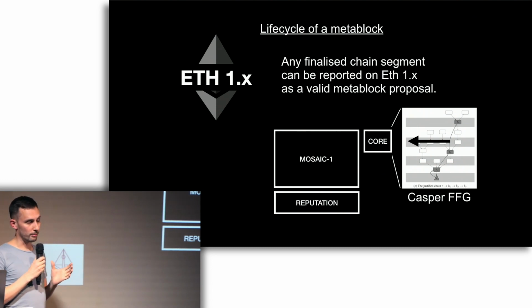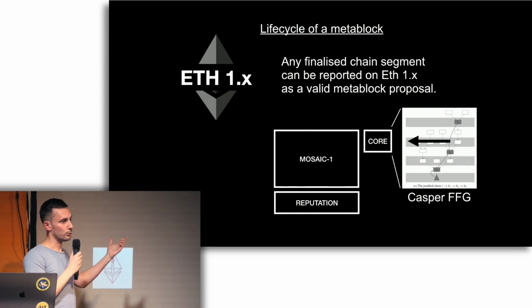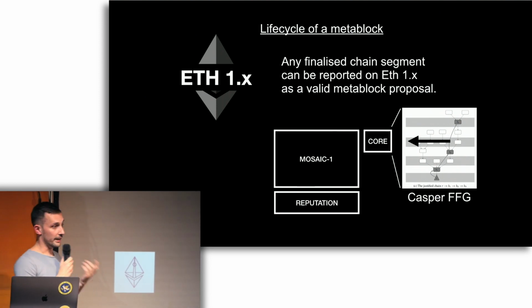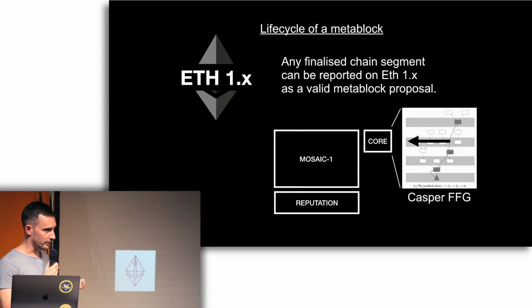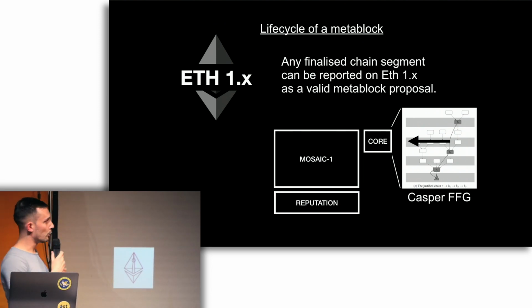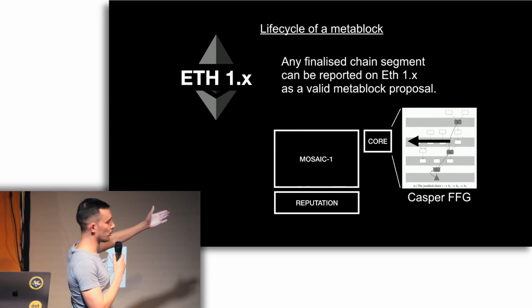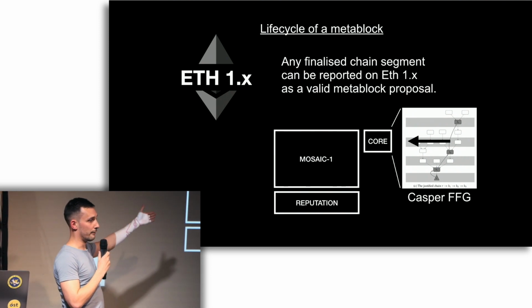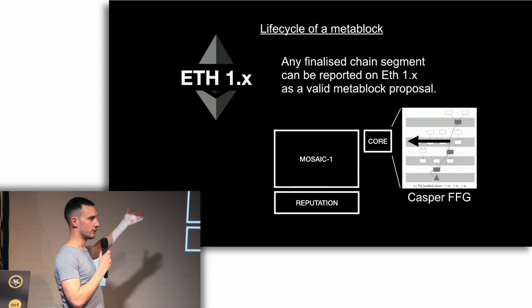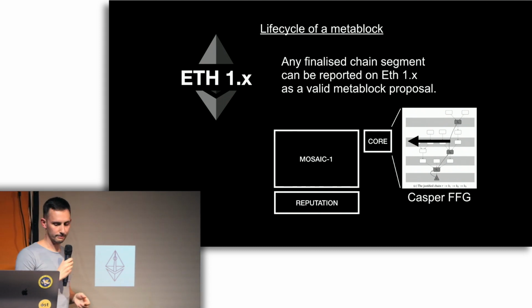It's now a very condensed format. And so we can present this to this core contract. And if it's indeed valid, if it satisfies all the constraints of Casper FFG, now we know that at least these validators of this core have a supermajority for it. And if no one got slashed, there wasn't a contradicting history.